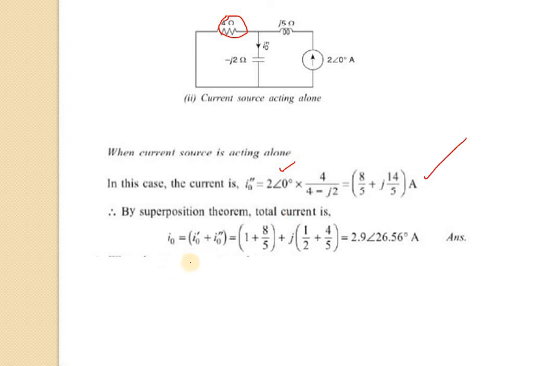Now as per the superposition theorem we have to sum up the total current we are getting from both sources, and after summing up we are getting the result, that is 2.9 angle 26.56 ampere.